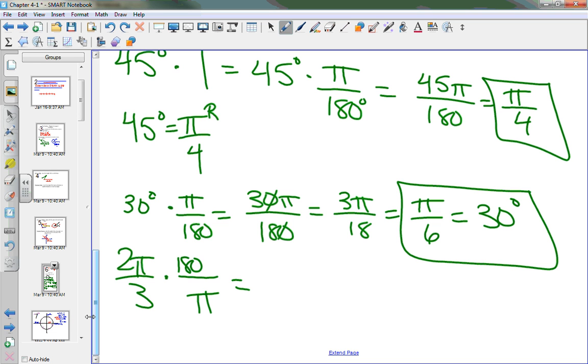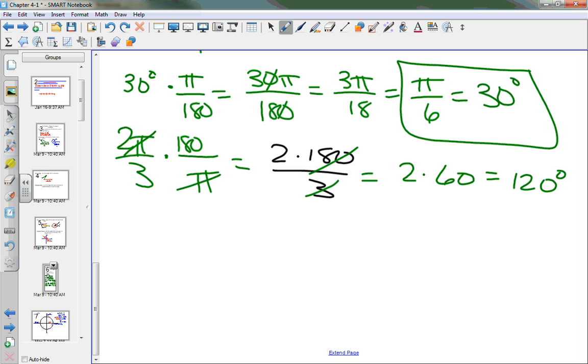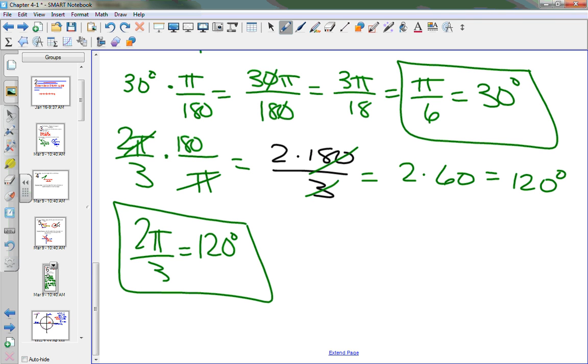So now the pi's cancel out, and this is going to be 2 times 180 divided by 3. What's 180 divided by 3? 60. So that's 2 times 60 to give you 120. So what I'm telling you is that 2 pi over 3 is equivalent to 120 degrees. Do you understand that, yes or no?